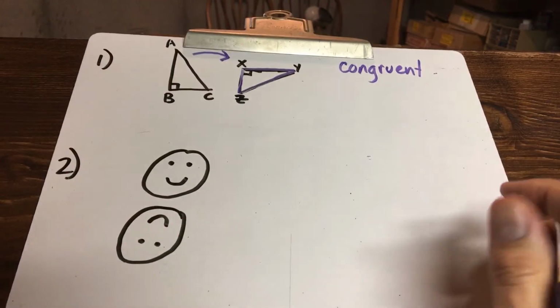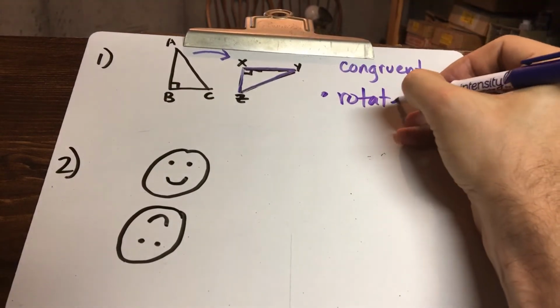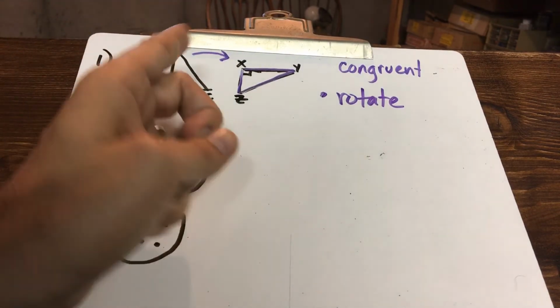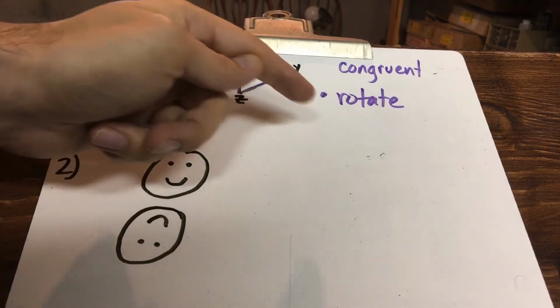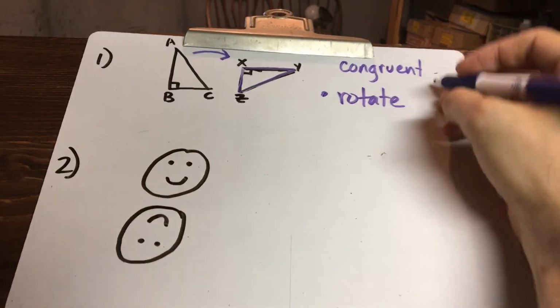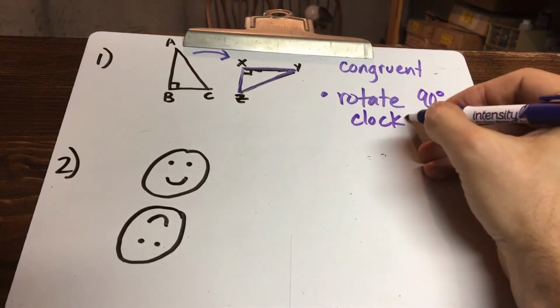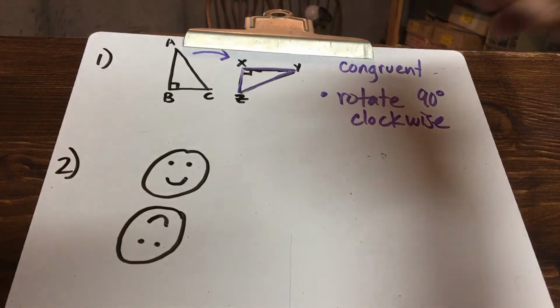So I think the two things we would have to do, we would have to rotate this, right? Now think about how we describe a rotation. We're taking it from here to here. We're kind of tipping it over, like we're pushing it and tipping it over. That's 90 degrees. And that is clockwise, right? The way my arrow goes, that's the way a clock goes. We would rotate it 90 degrees clockwise.